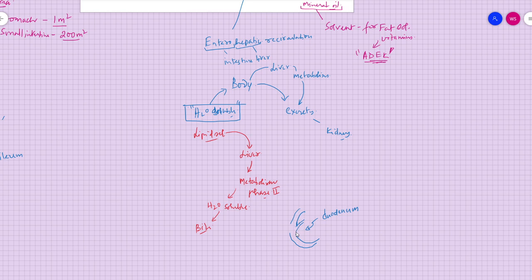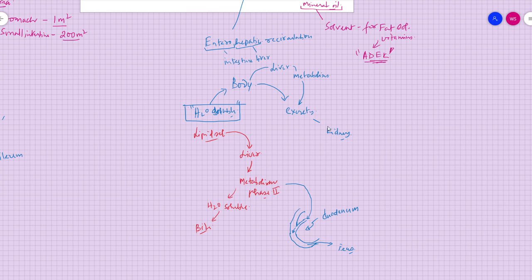The hepatopancreatic duct opens into the duodenum. So these conjugated drugs get into the hepatopancreatic duct, reach the duodenum, and are then excreted out through the GIT, through the feces. In an ideal world this is what should happen.